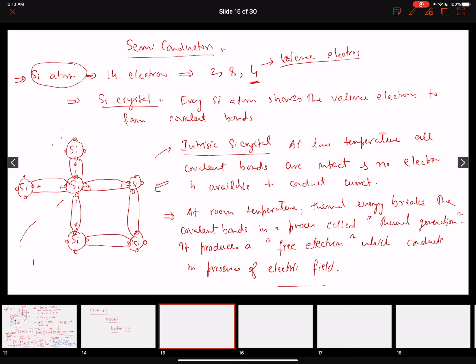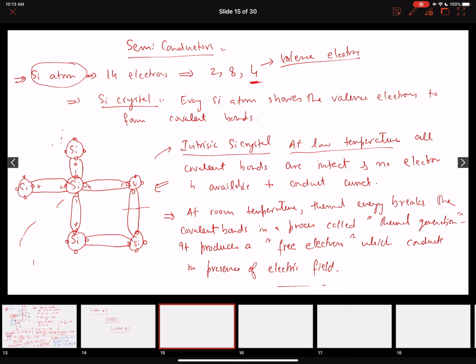Right, so by now we talked about how at low temperature, all the covalent bonds are intact and there is nothing available for conduction to occur. However, as temperature increases, for example at room temperature, there is sufficient thermal energy available to break down these covalent bonds. And as these bonds are broken, it is going to produce a free electron.